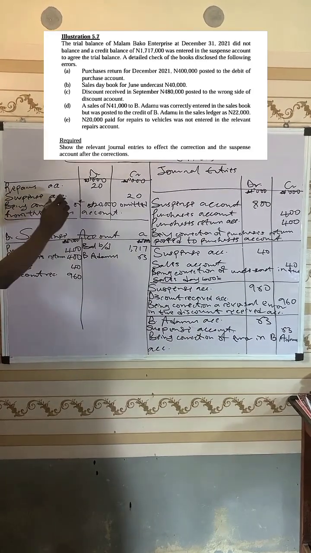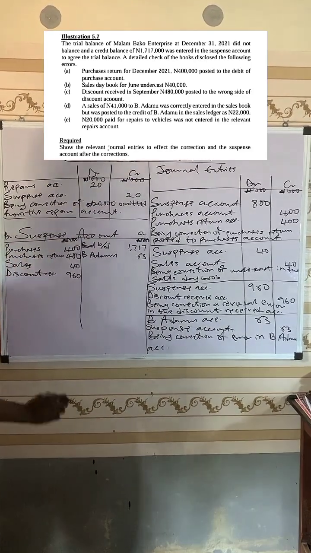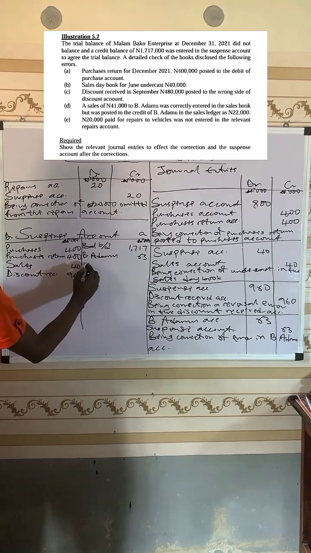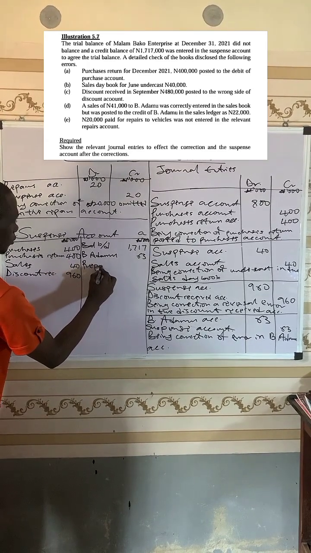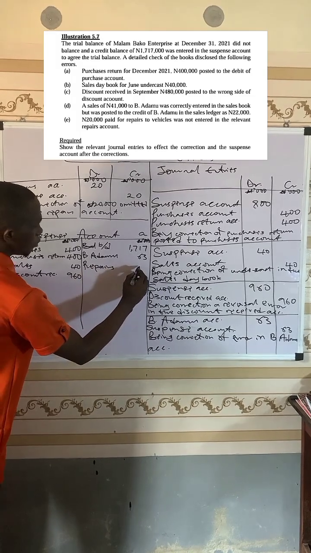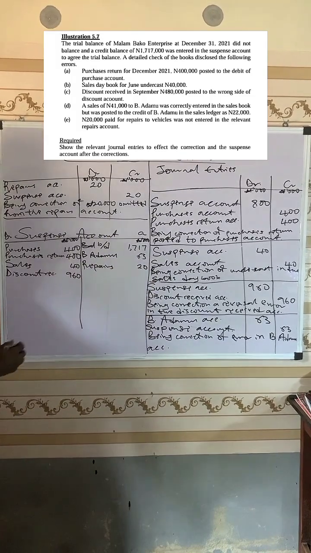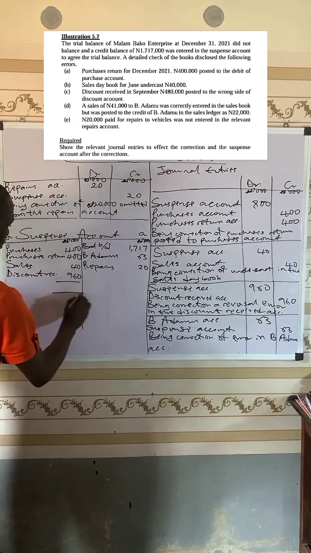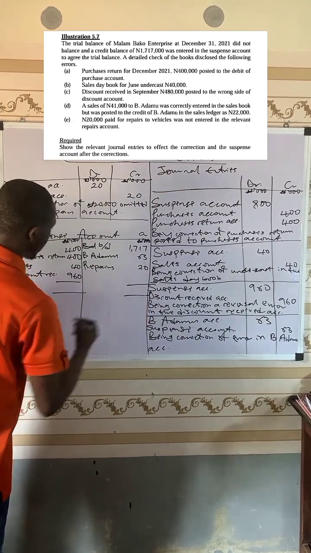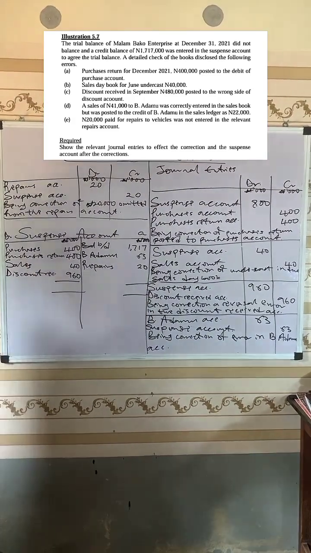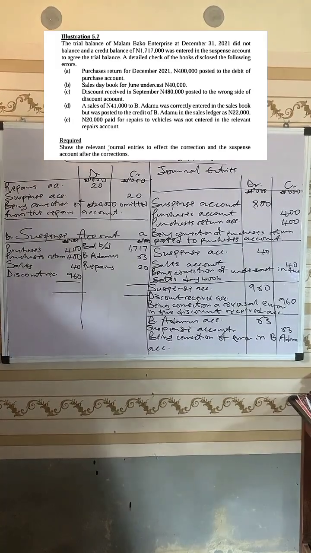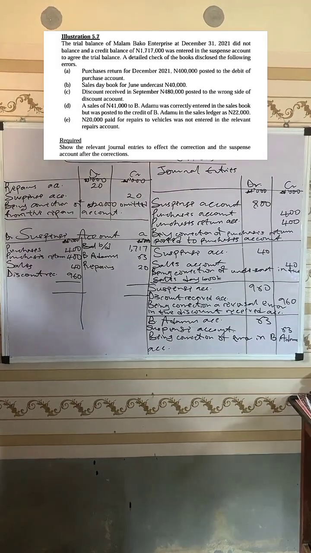Lastly, we have suspense account, and it is credited here. So we are also putting it on the credit side of suspense account, repairs, 20,000. So let us just balance our suspense account. If everything we have done is accurate, our suspense account should be balanced.